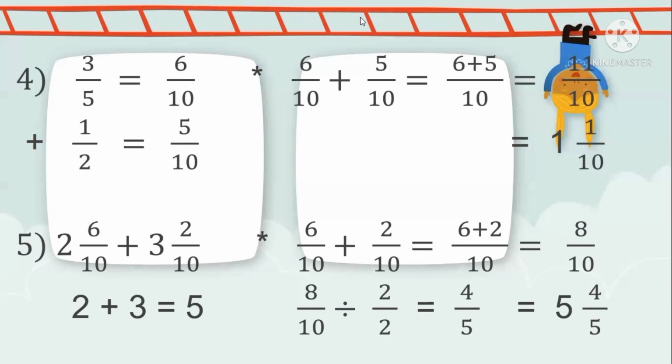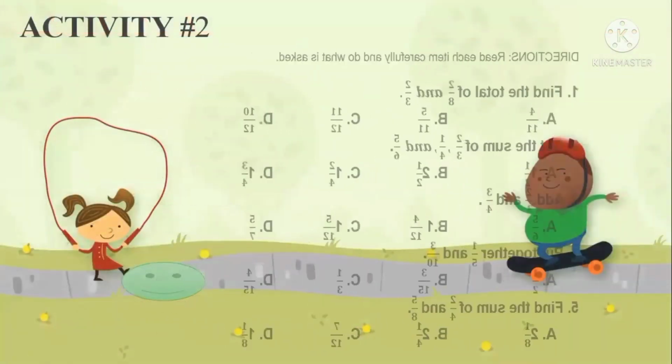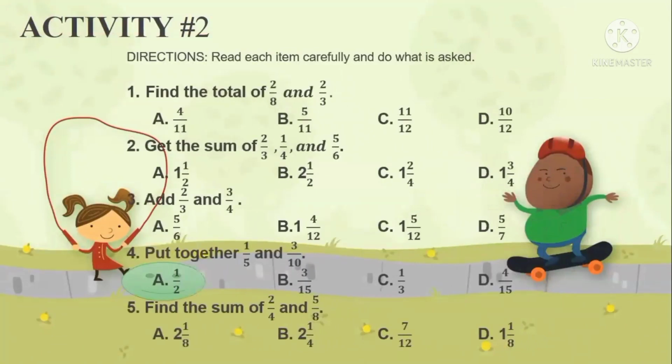Well done, children. Very good. Since you've got all correct, we will proceed to the next activity. This time, you are going to read each item carefully and do what is asked.